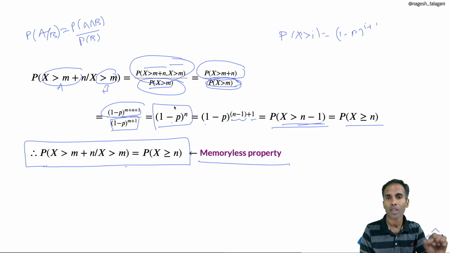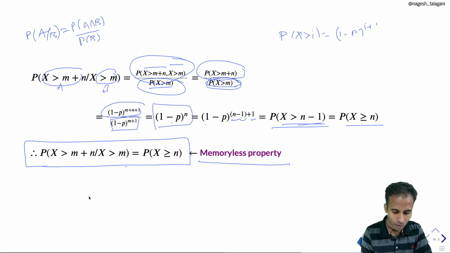Let's say you have not seen head in the first 5 trials. If you are interested in the probability you won't see head in the next 3 trials also, that is the probability of X bigger than 8 given that X is already bigger than 5.